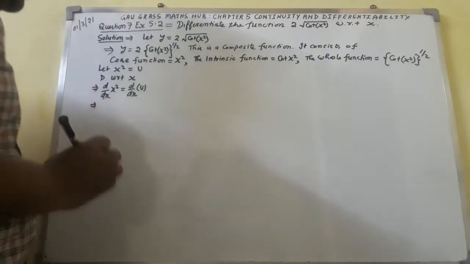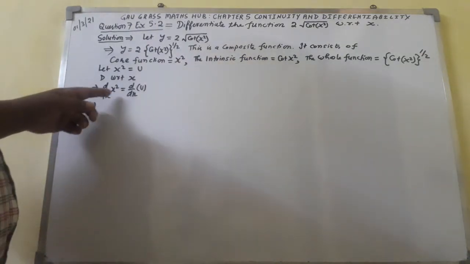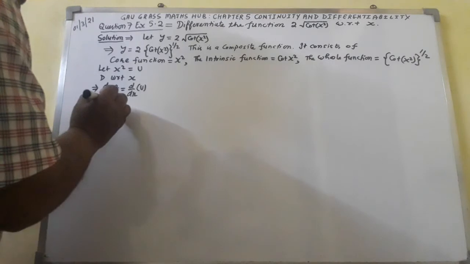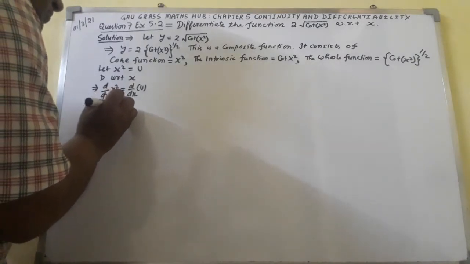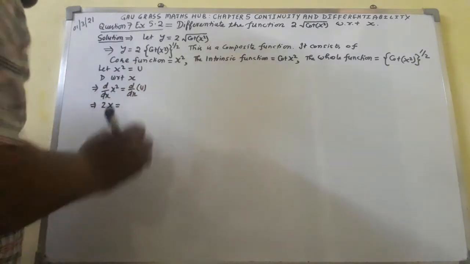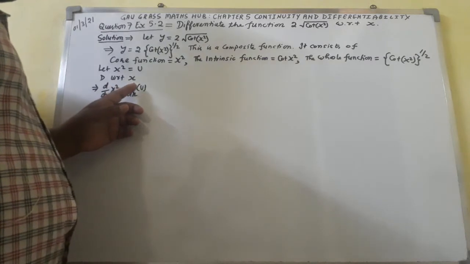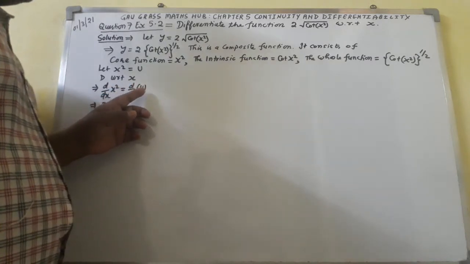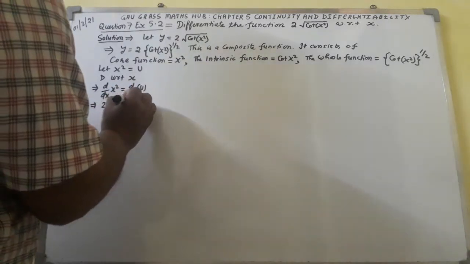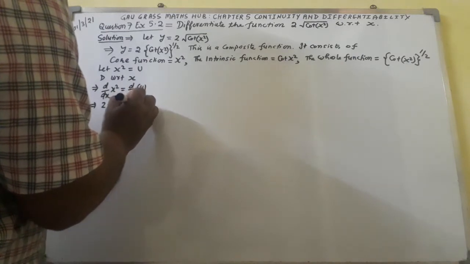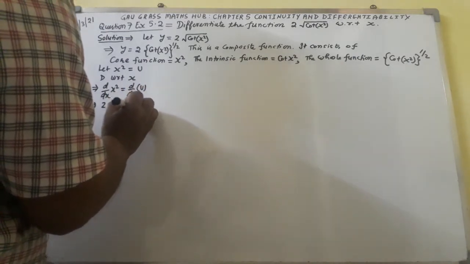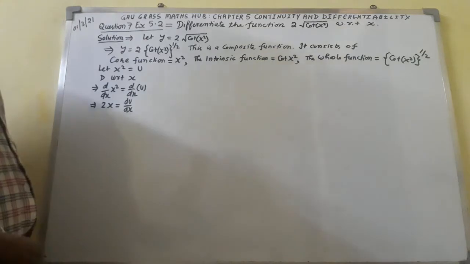Now d over dx of x square comes out to be 2x, and d will be conjugated with u, so it will become du over dx.